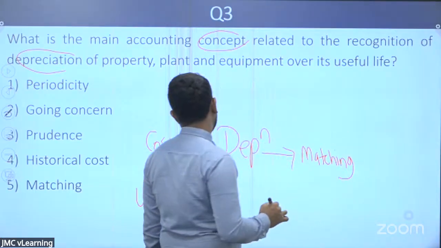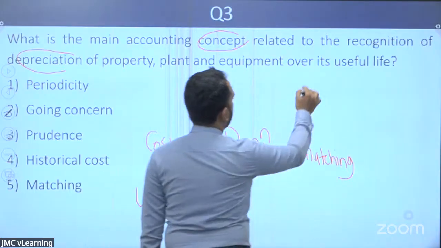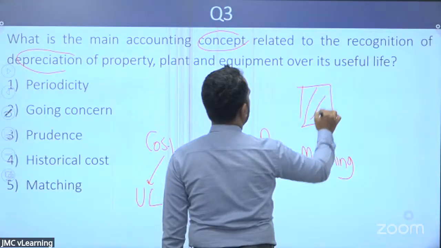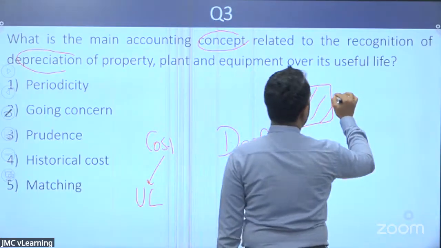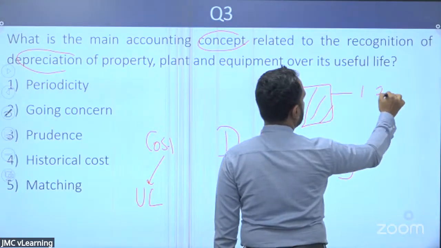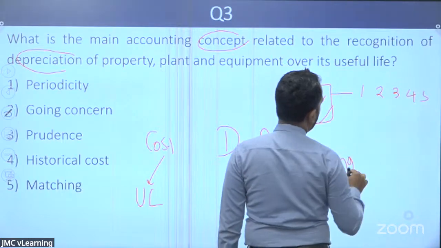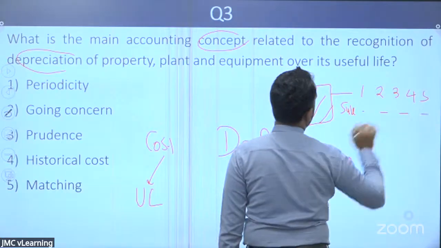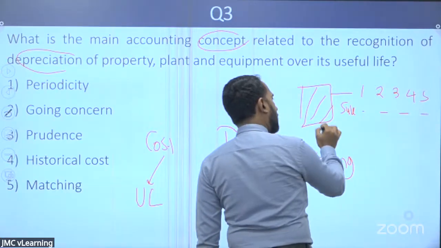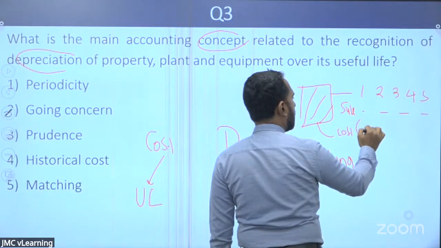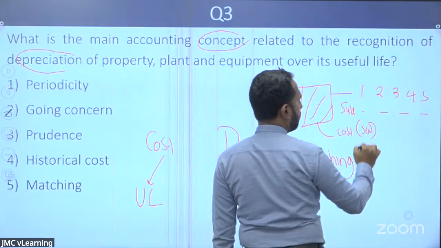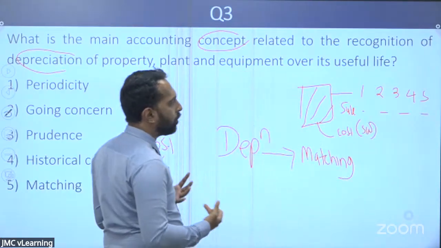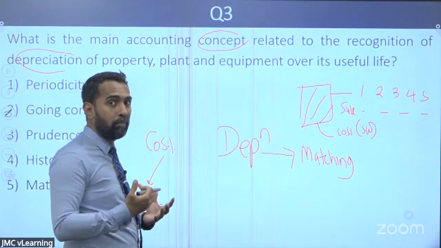Why? Because if you take, let's say, a photocopy machine, this particular photocopy machine would give you income for 5 years maybe. So you are generating sales for 5 years. So you cannot allocate the entire cost of the asset in a single year. Let's say 500,000 worth of asset, you cannot allocate over a single year because it does not match.